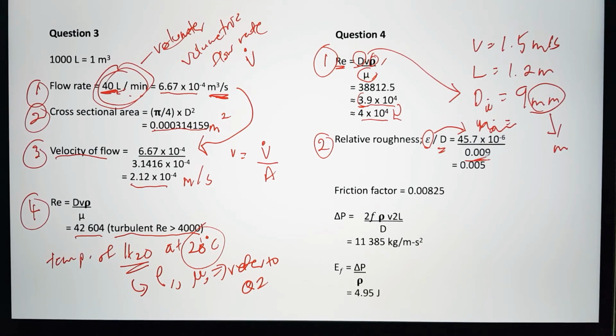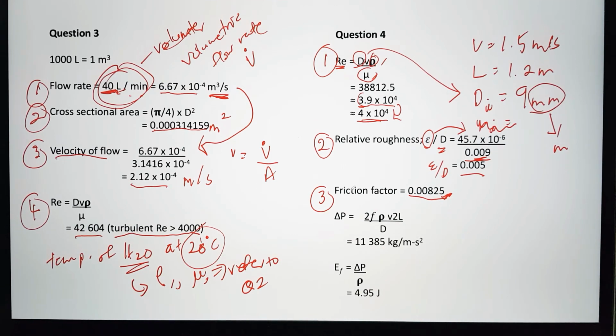So epsilon over D is 0.005. You need to get the intercept value between the Reynolds number and the epsilon over D. Then you will get the friction factor as 0.00825. This one is very precise.